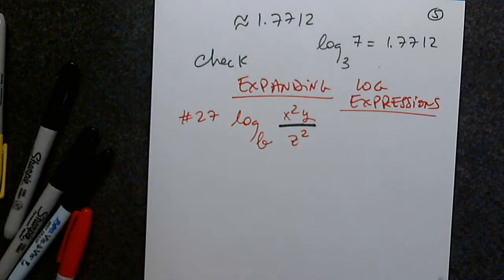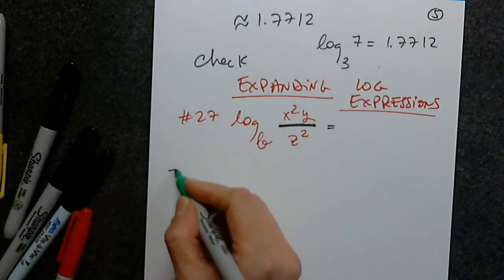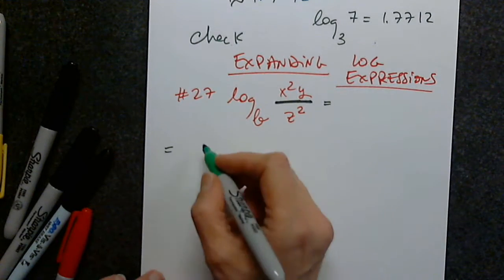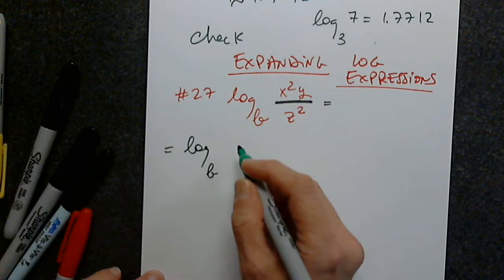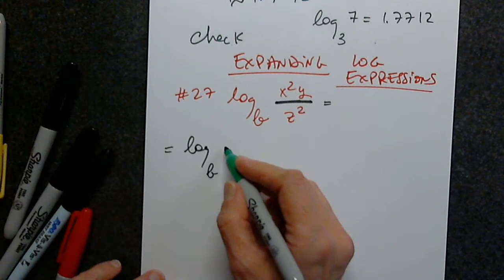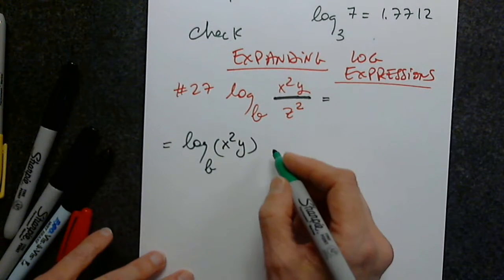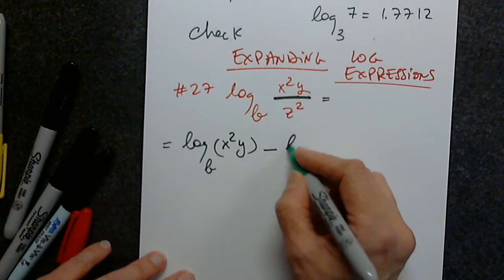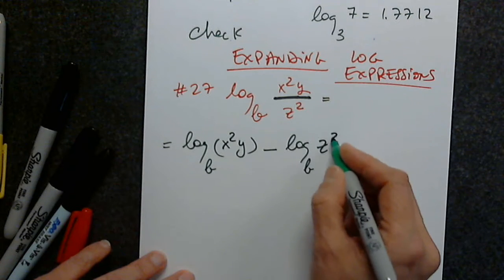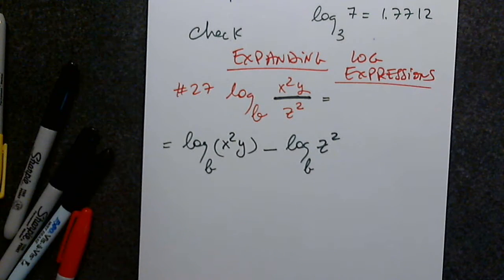Can anyone tell us how to change log applied to a ratio? Log base b of the numerator, very good, x squared y, with parentheses or not is okay, and then minus, perfect, log base b of z squared. Awesome. So first we apply the quotient. So log of the top over the bottom is log of the top minus log of the bottom.